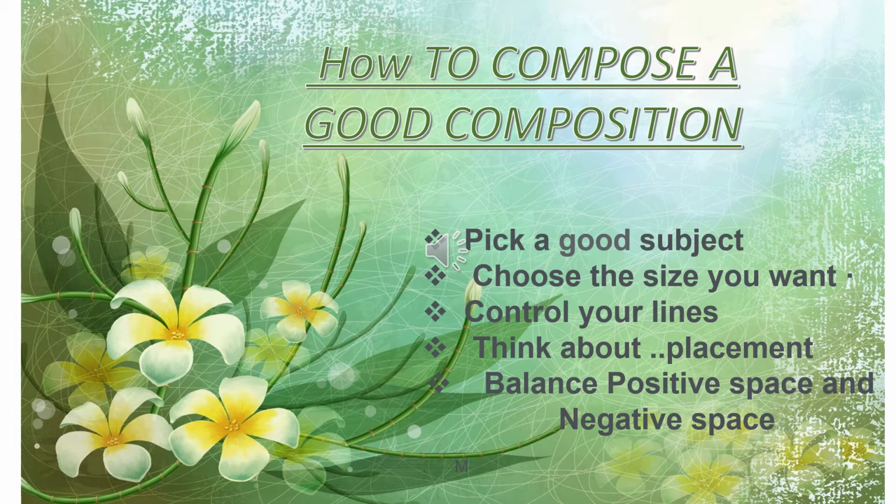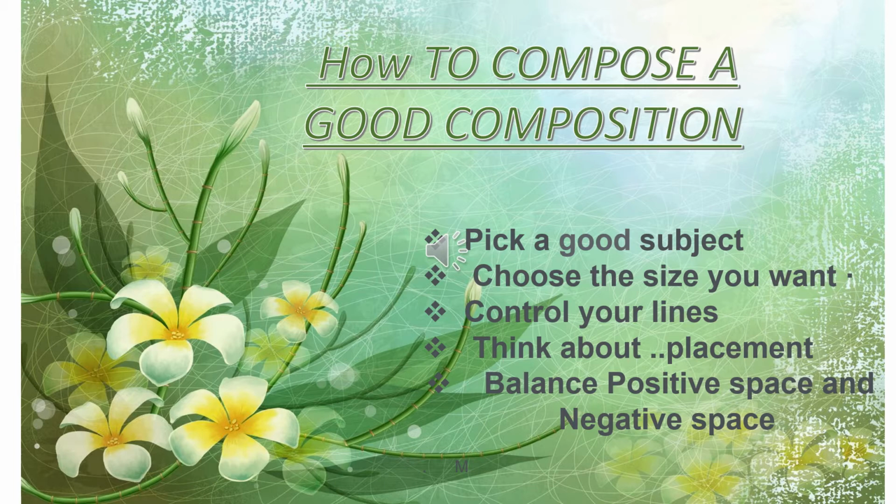Think about placement, the way you place shapes on a two-dimensional surface, centering your subject vertically or horizontally. Now, positive and negative space. Positive space is an object or shape that stands out from the background and registers to the eyes as something, with negative space around the object.